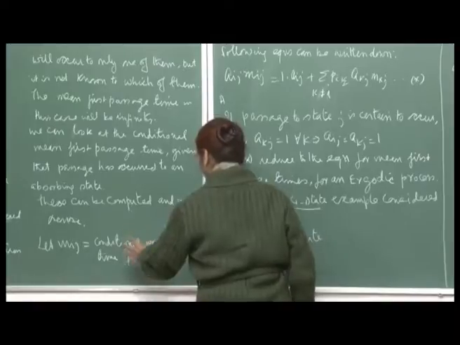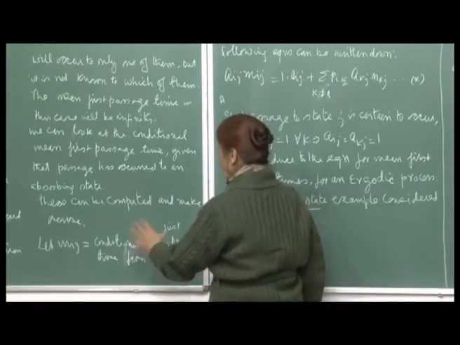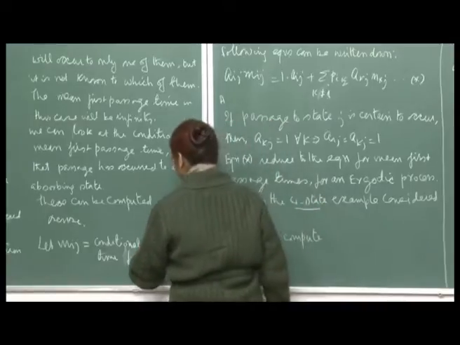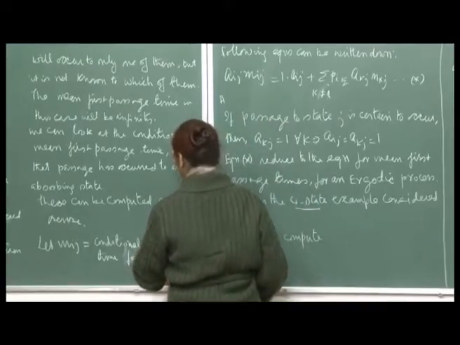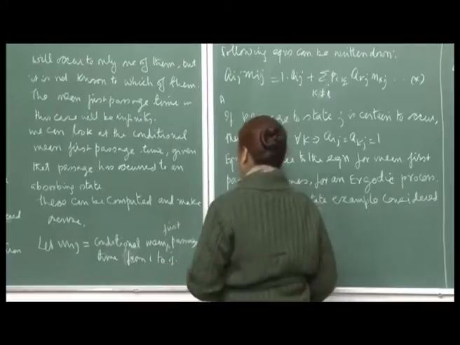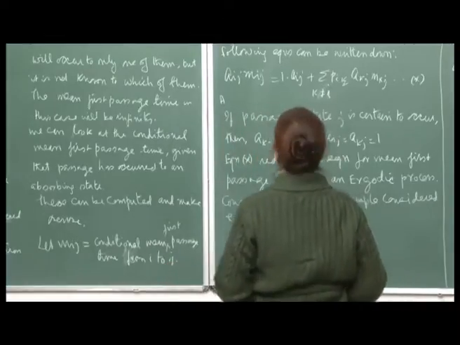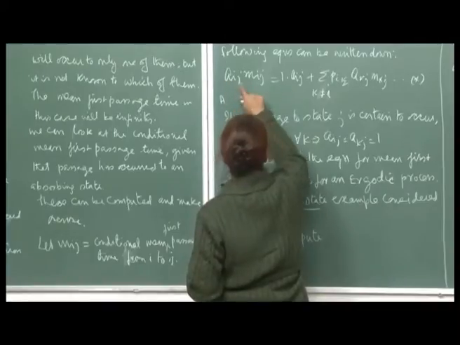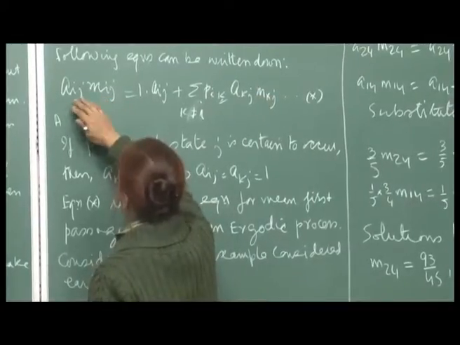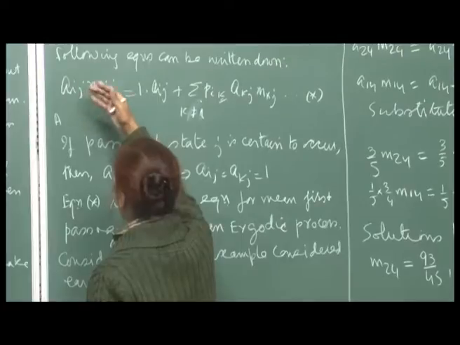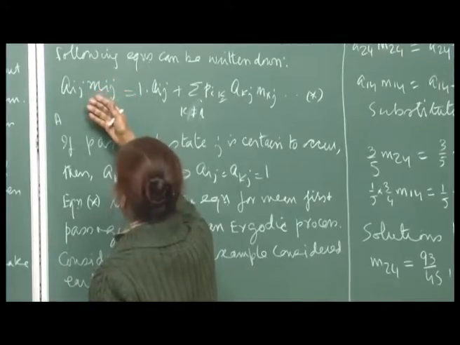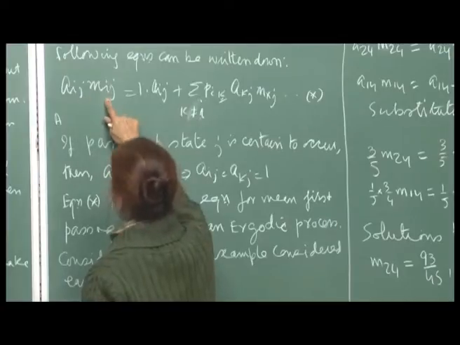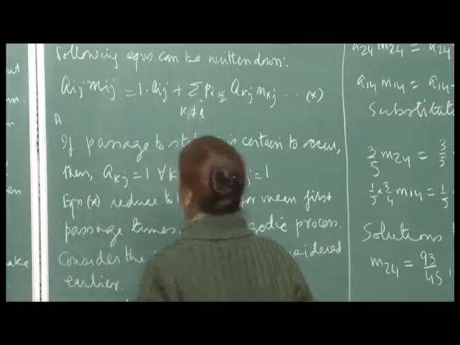This may be a general definition, but in particular now I want to say that suppose j is an absorbing state, I want to talk about that only. So, in that case I can write this as a_ij m_ij, right, because the absorbing probability from i to j is a_ij, and that into m_ij, the conditional mean first passage time.